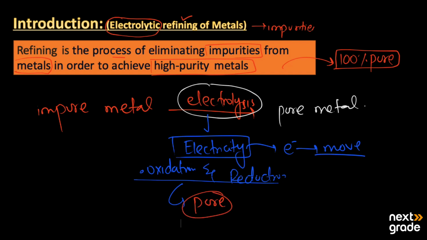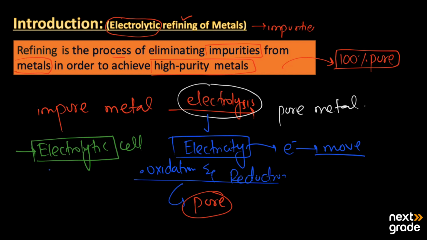And for this purpose we need a cell, which is called an electrolytic cell. This cell basically consists of an anode and a cathode, as it is a complete setup for the electrolytic process.